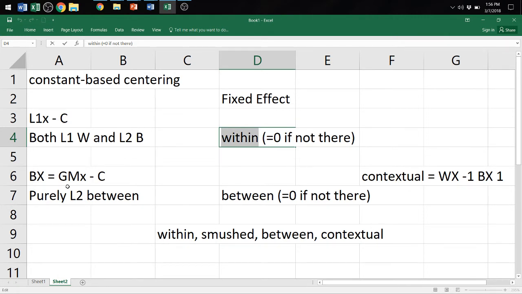So its unique effect in the model becomes the level 1 part. This one, this is the one that switches. So even though it's the level 1 variable that we changed, the level 1 effect stays the same. Even though the level 2 variable is the same, its effect changes, and it changes to contextual.